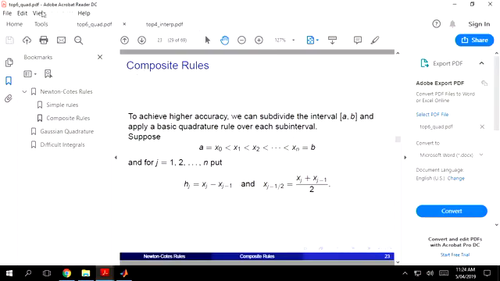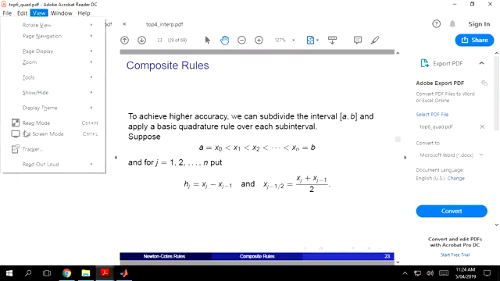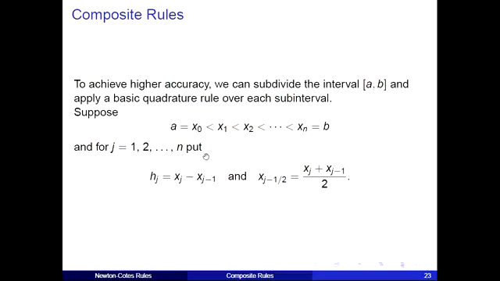So now, you divide it into n intervals by putting in n plus 1 points like this, and then hj is just the width between the points. We also define the point in the middle of xj and xj minus 1, to be xj minus 1/2. So this one we just define it.